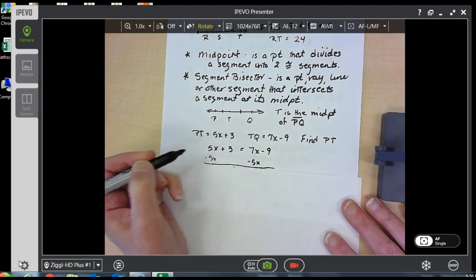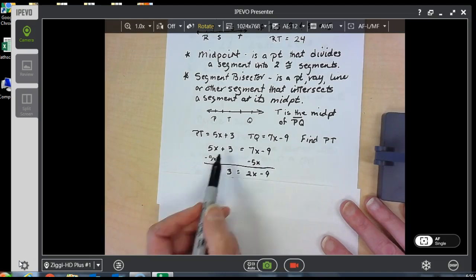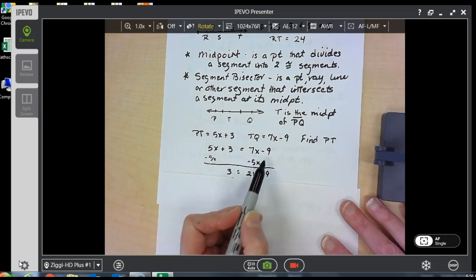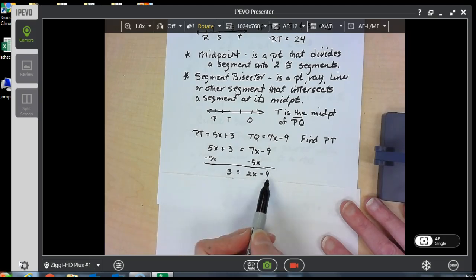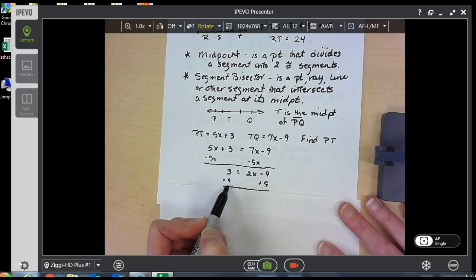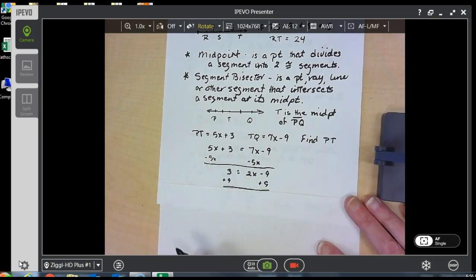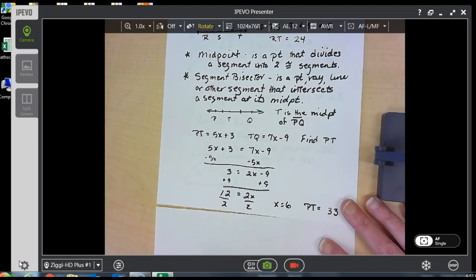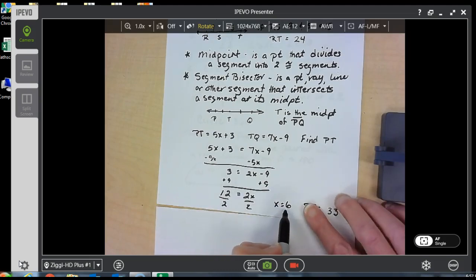I always do the opposite. And that gives me 3 on the left side equals 7 minus 5 is 2x minus the 9. So now I come back and I need to move the 9, so I add 9 to both sides. Now I simplify both sides. 12 equals, and this 9's canceled, so I just have 2x. So 2x meant 2 times x, because there's no symbol in between, so you divide both sides by 2, which gives me x equals 6.